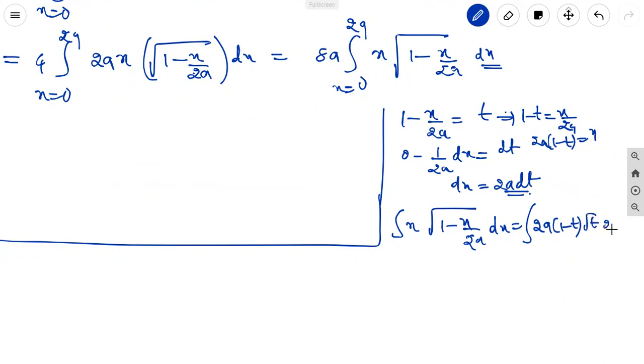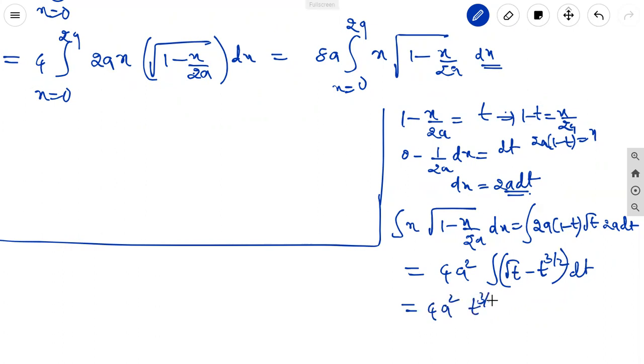Root t 2a dt, 2 into 4a square integral root t minus t power 3 by 2 whole dt. That is equal to 4a square, root t means t power 3 by 2 by 3 by 2, minus t power 3 by 2 means t power 5 by 2 by 5 by 2. Okay, this is the integration part.